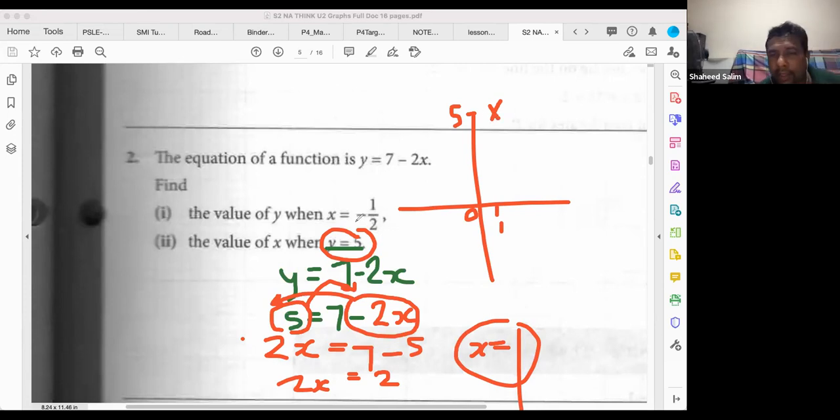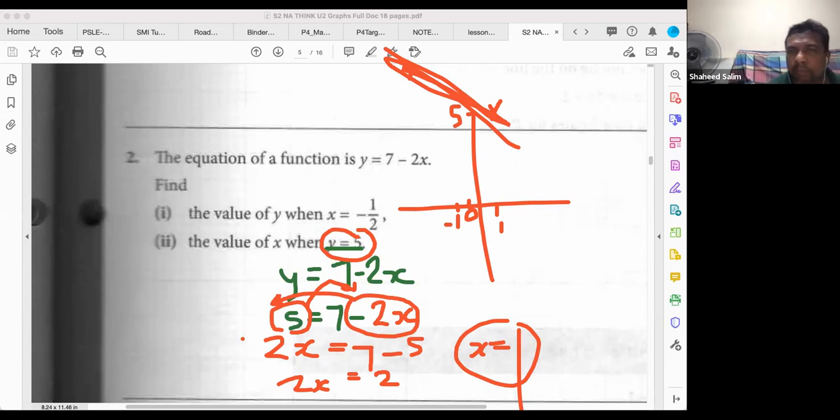Then this one now. X is minus half. Let's say minus half down here. 1 is here. Minus 1 here. Minus half is here. And then y just now you got how much? You got 8, right? So it's somewhere above down here. Let's say higher. So you must join the line together, you become a graph.